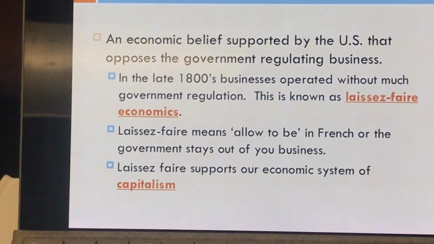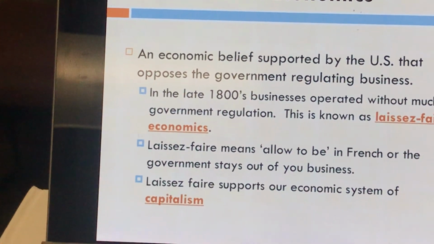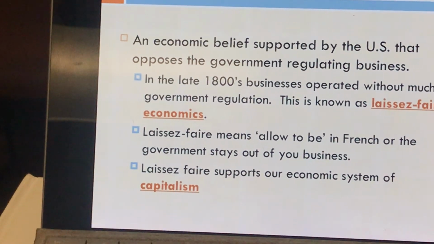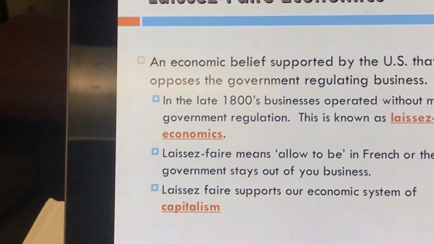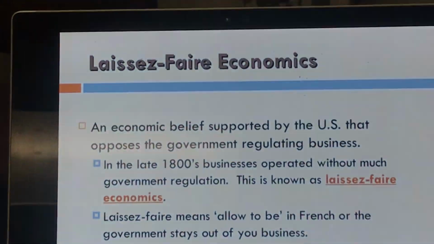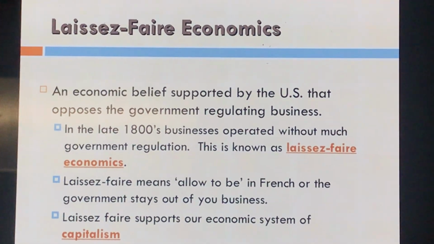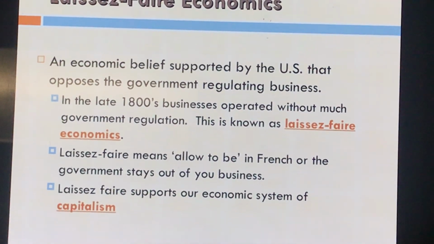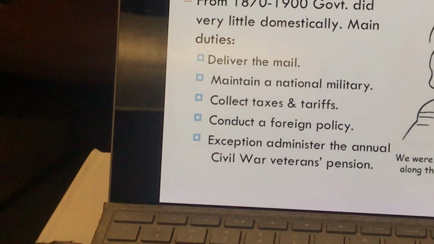And businesses have been operating without much government regulation during this time. It supports an economic system of capitalism, and that had been working very well for many people during this time. Many people still believe in laissez-faire economics, that the market should fix itself when there is a problem.